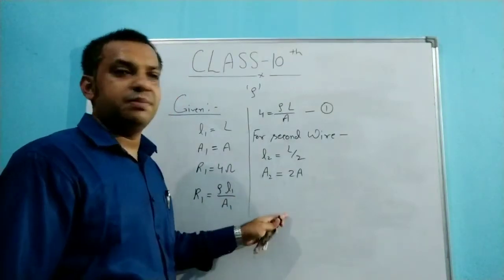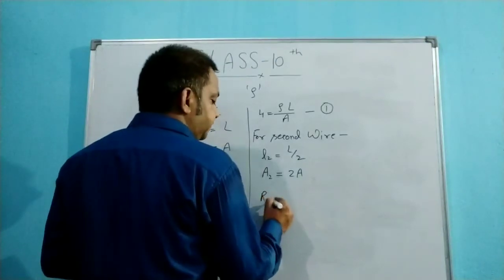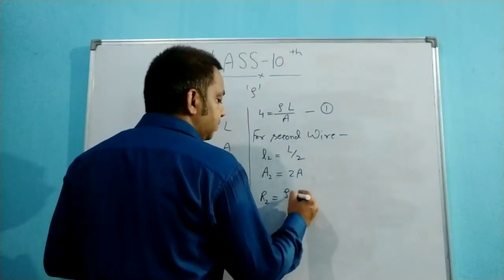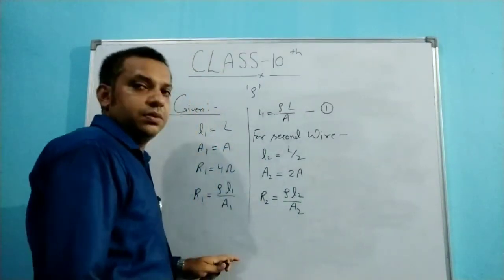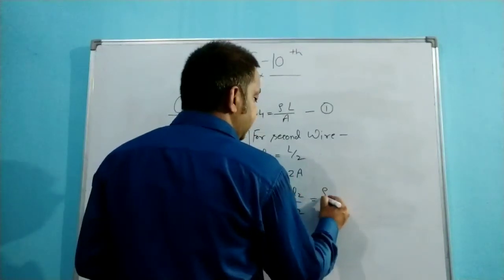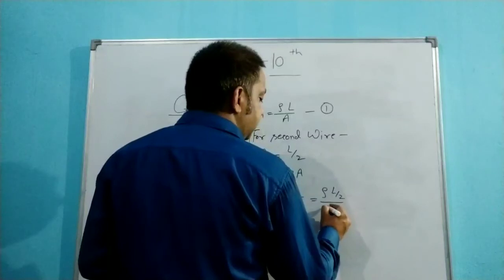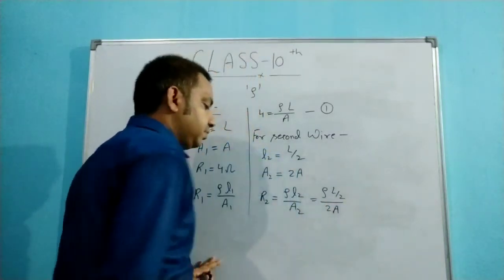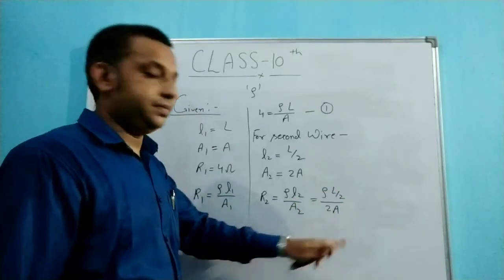Again, because it is the same material, the rho will be constant. So R2 will be rho L2 upon A2. Clear? Let's put the values of L2 and A2. L2 is L by 2 and A2 is 2 into A. So R2 is rho L by 2 upon 2A.